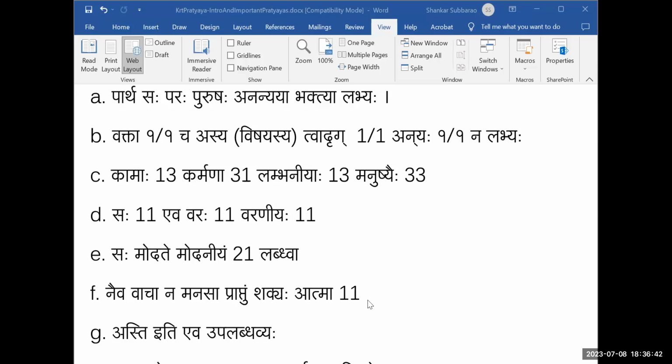Good. Vacha. What's the pratipadikam? Vak. Vak is what gender? Feminine. Just so you know, these things we only learn on the way, okay? It's easier to learn this way. So, naiva vacha na manasa praptum shakyah atma. Translate the whole sentence now.